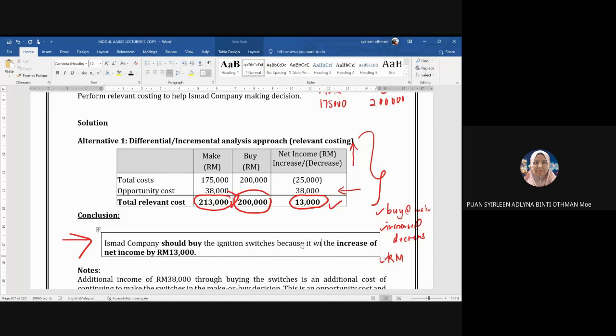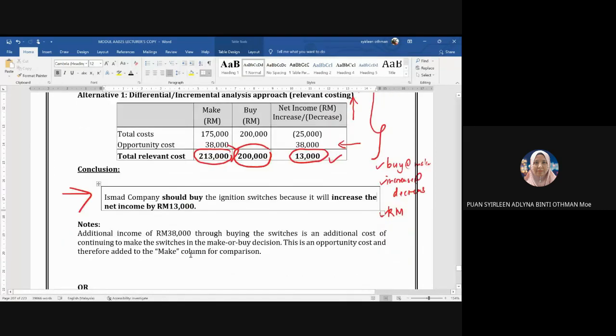Because it will increase the net income by 13,000 ringgit. Okay, so ini decision yang berbeza sebab ada additional information tadi.